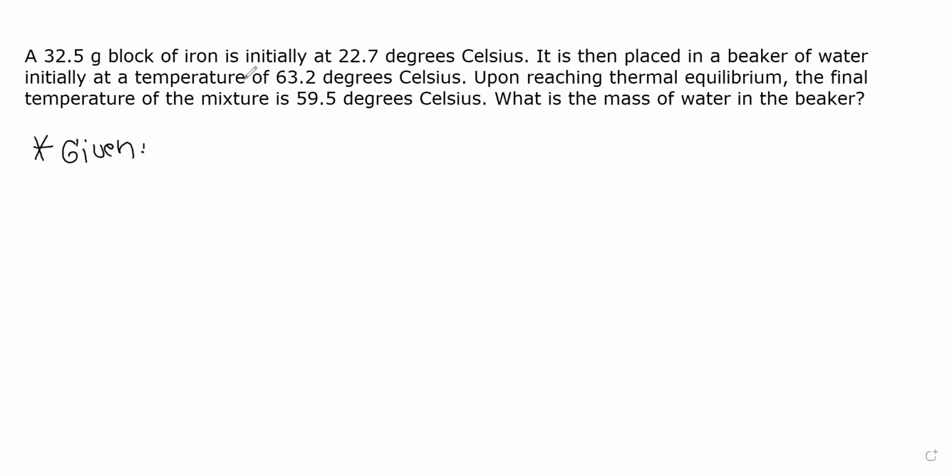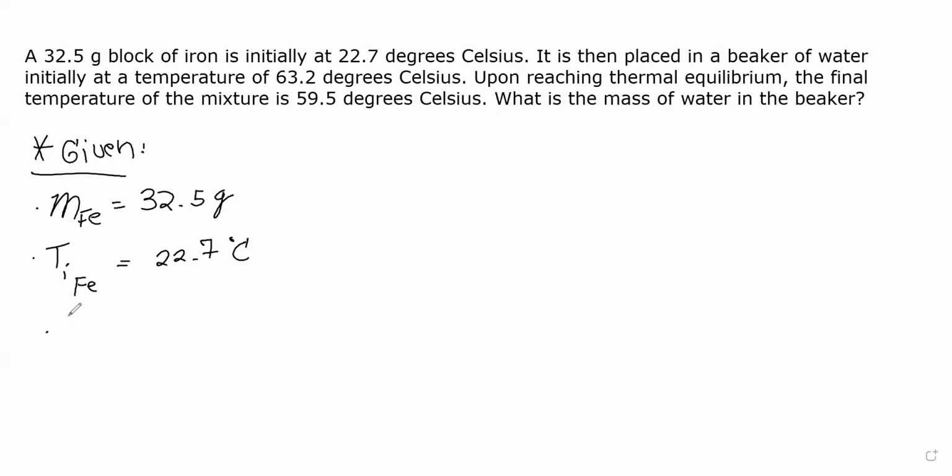So looking at this problem, the first step is to identify our givens. We initially have the mass of iron as 32.5, temperature initial of iron is 22.7.